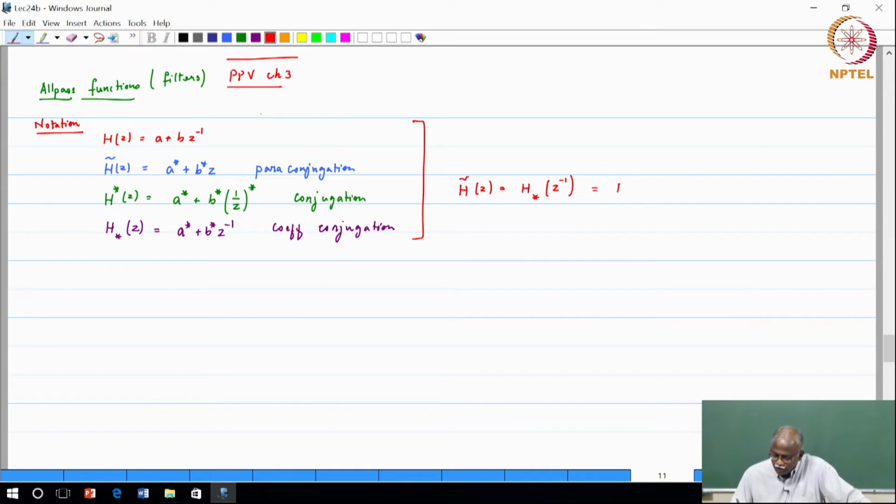Or, if you do the traditional conjugation where everything gets conjugated, you will end up with 1 over z star, which we do not want, so replace z with 1 over z star. Basically 1 over z will become z, and z star star will become z itself, so you get what you are looking for. There are two ways of expressing it. This is just to make sure that you are comfortable with the notation we have introduced.